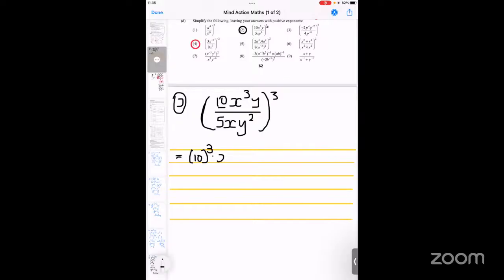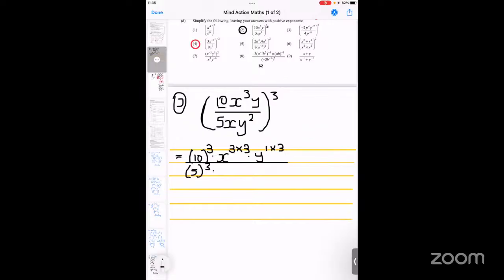Then you can say x to the exponent of 3 that you multiply by 3. And then you've got y, which is to the exponent of 1, that you multiply by 3. Then that over, you just do it on that line there. And then you do the same for the 5 because it's a coefficient. I'm saying all the coefficients, make sure that you put them inside the brackets.